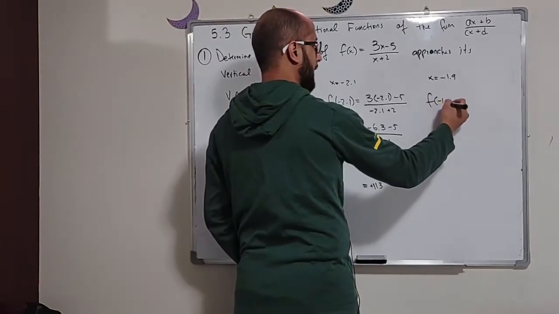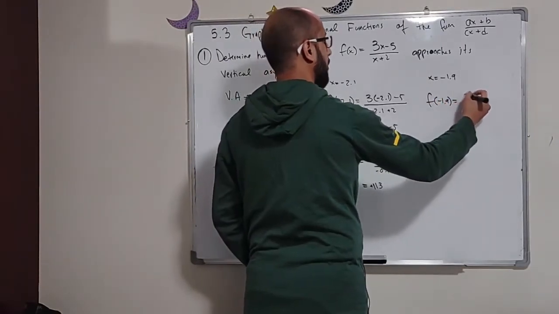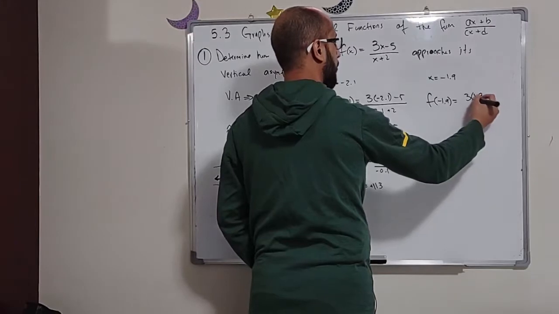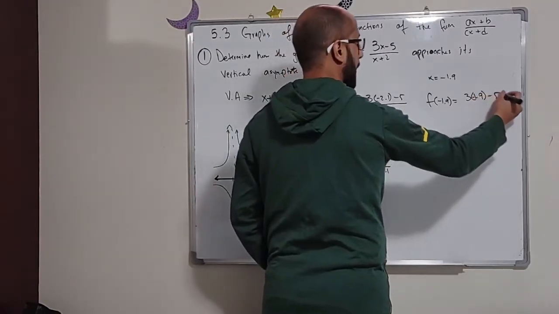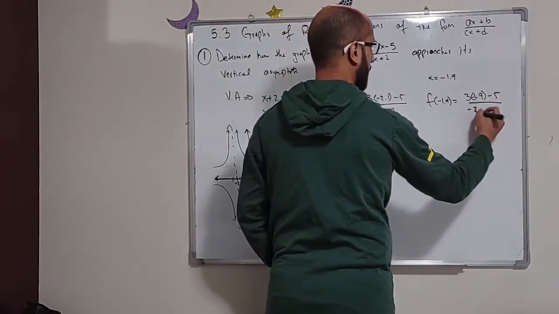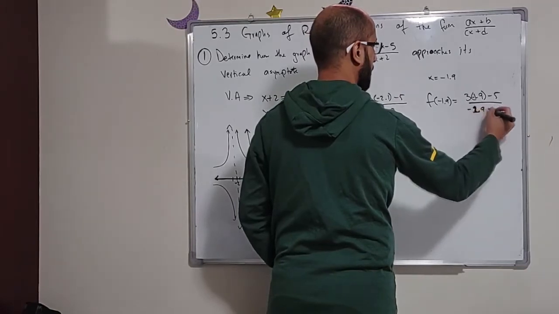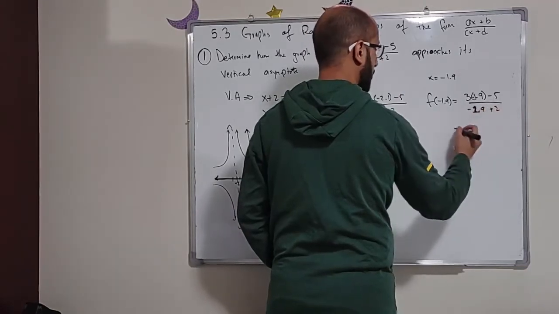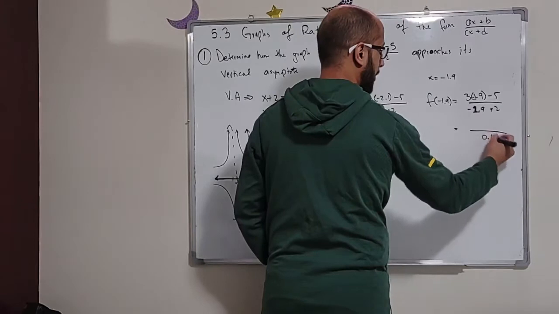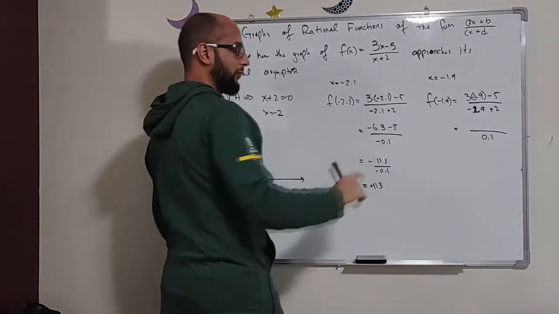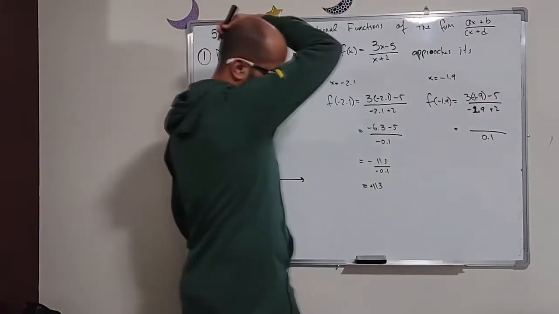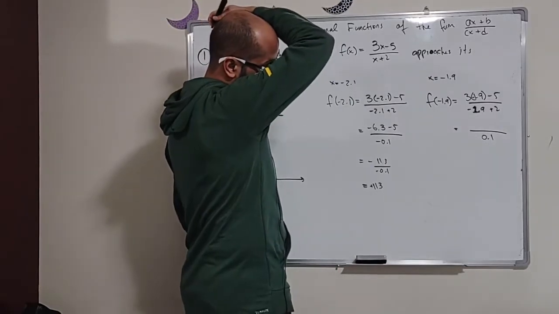F of negative 1.9 will be 3 times negative 1.9, minus 5 over negative 1.9 plus 2. This time the denominator will be positive 0.1. The numerator will be negative 1.9 multiplied by 3.